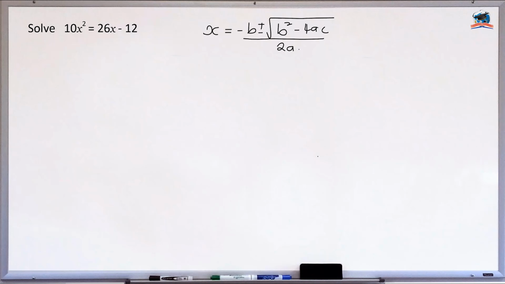Excellent. Now to go further, looking at our question, it doesn't look like a quadratic equation. Let's confirm that. If we have a x squared plus bx plus c is equal to 0, we can see that our equation has been mixed up.